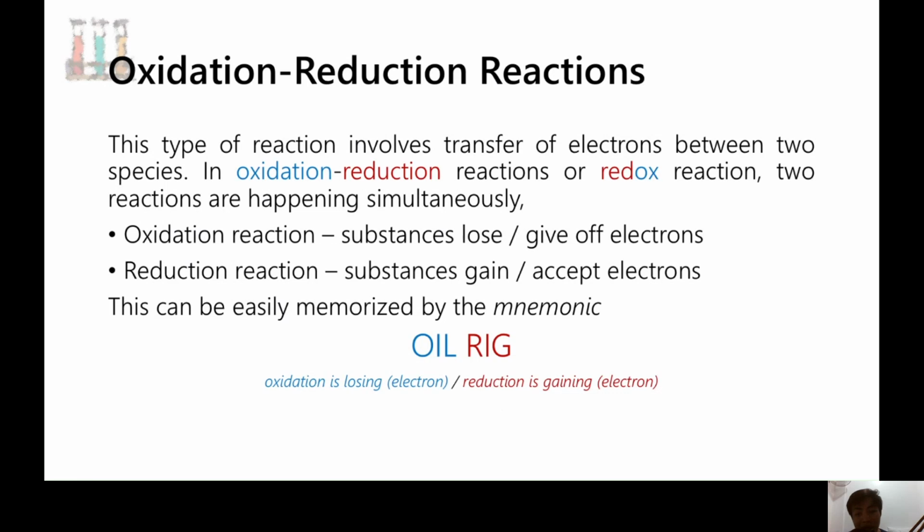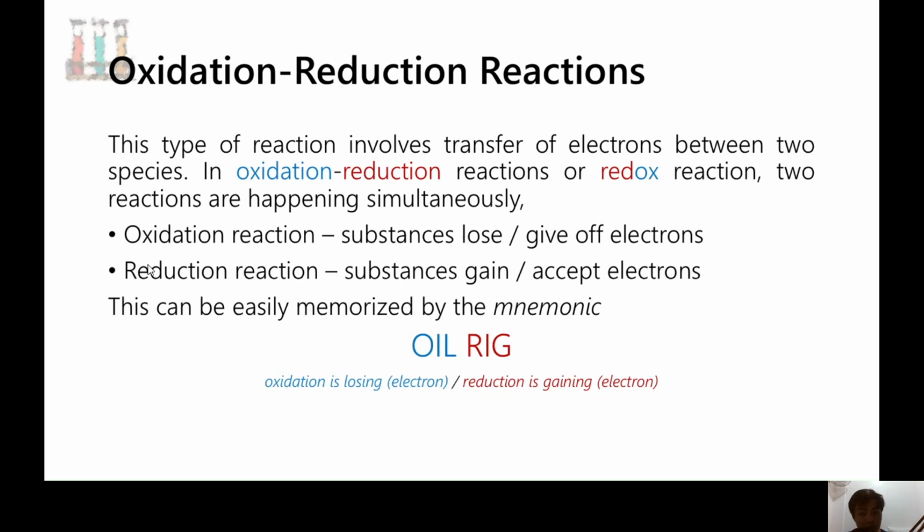Kukunin niya yung mga electron na pinapamigay ng isang substance. So, as it gains electrons, what do we know about the charge? Electron is negatively charged, di ba? So, as long as it gains electrons, its charge will become less and less, going to the negative side. So, ganun lang nangyayari.